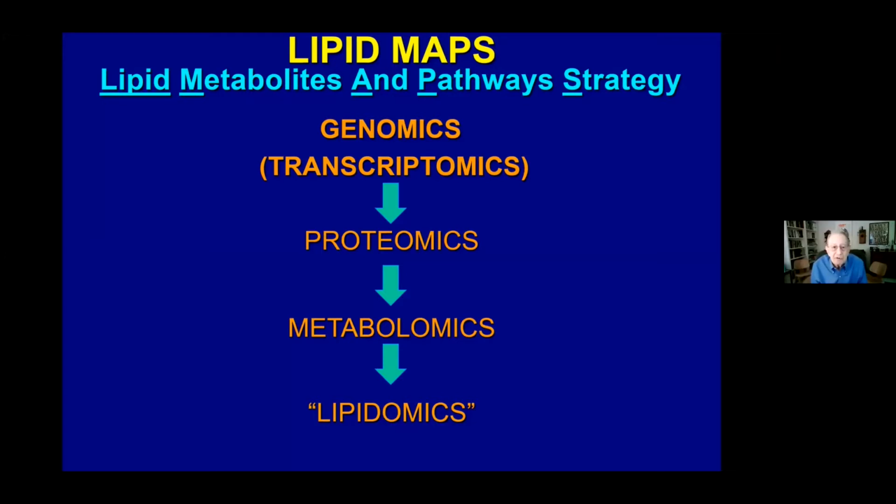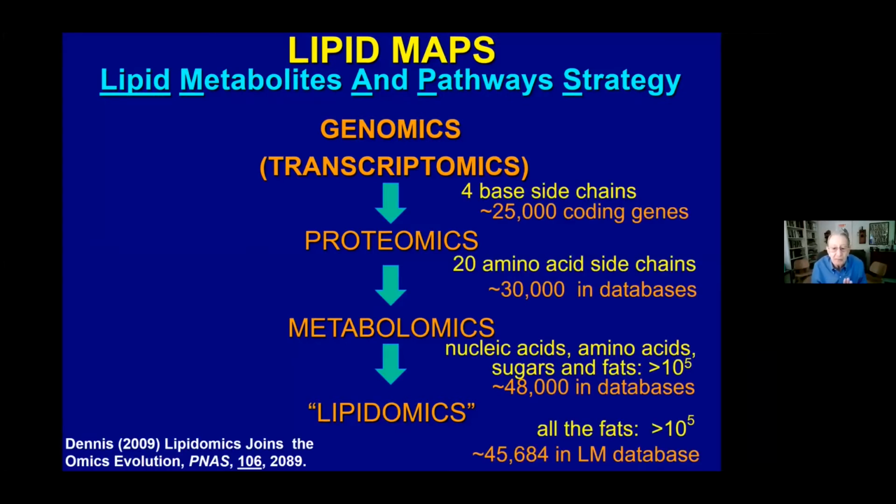Lipid maps stands for lipid metabolites and pathways strategy. And it really has its origin in the genomics revolution, which is practiced, in fact, as transcriptomics. But in hindsight, genomics was really quite simple because all one has to do in genomics or transcriptomics is recognize which of the 4 bases is at a particular position in the polymer backbone.